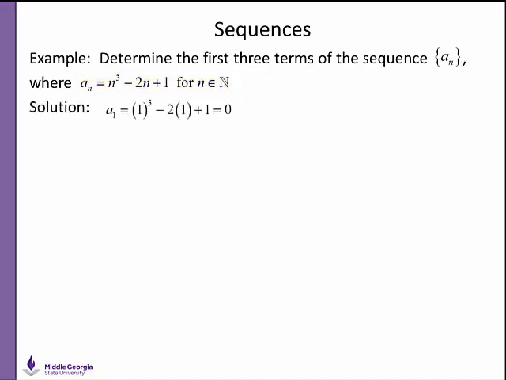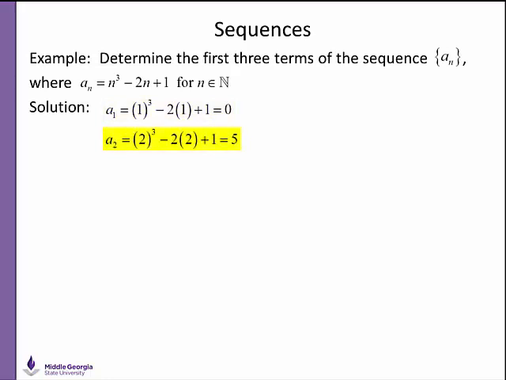Solution: we'll start with a sub 1 and replace n by 1 wherever we see an n, and we have a sub 1 equals 1 cubed minus 2 times 1 plus 1. 1 cubed is 1, minus 2 times 1. We have 1 minus 2 is negative 1, plus the final 1 equals 0. A sub 1 is 0.